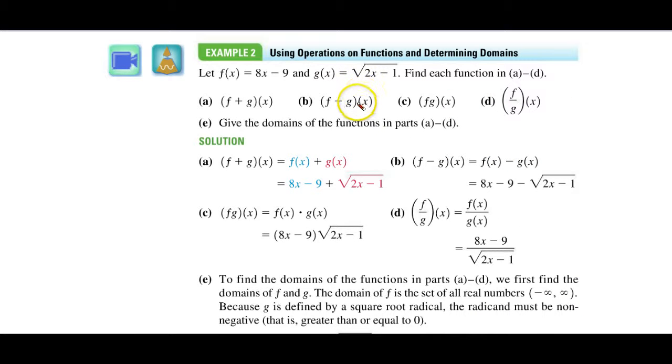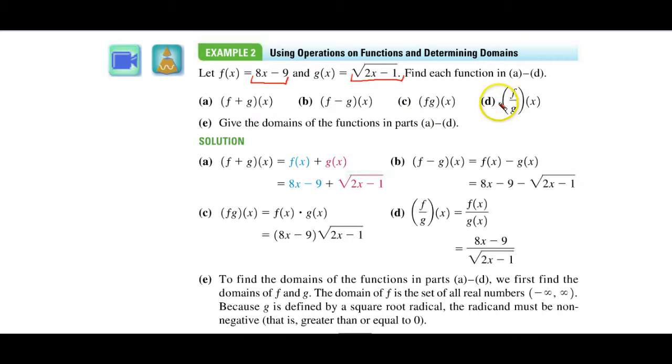Now in example 2, again we're defining our f function as this and our g function as this. And we are asked again to add them, subtract them, multiply them, divide them.